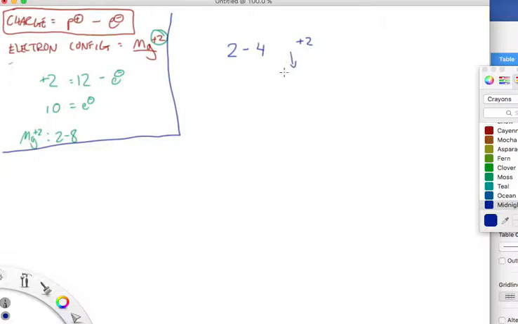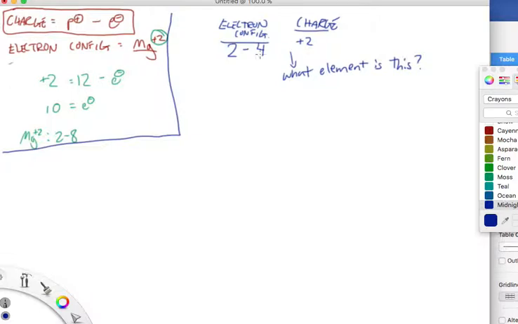So the question is, what element is this? Okay, so you're given the electron configuration, it's right here, and you're given the charge. But at least at this point, it's not given to you what element it is.